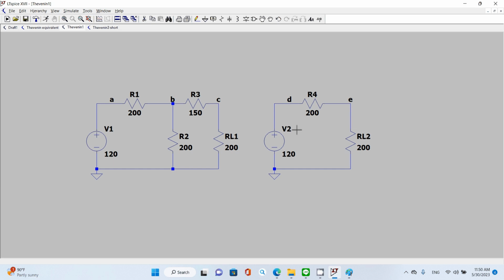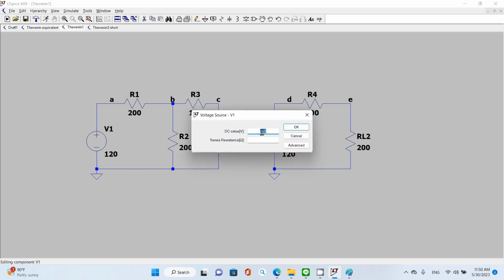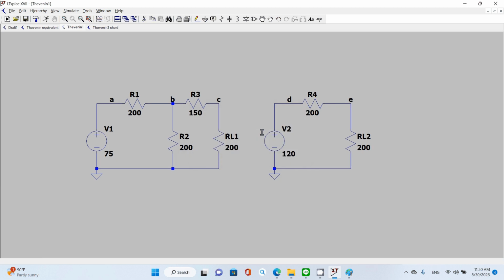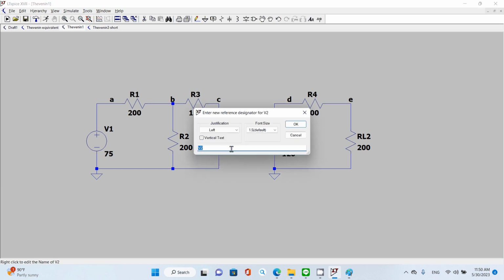And this one, let's set it to 75, that's the start supply voltage. And this one you want to be VTH, right?